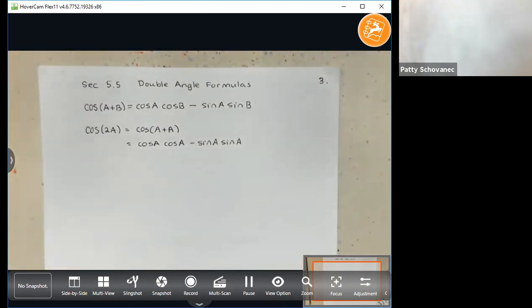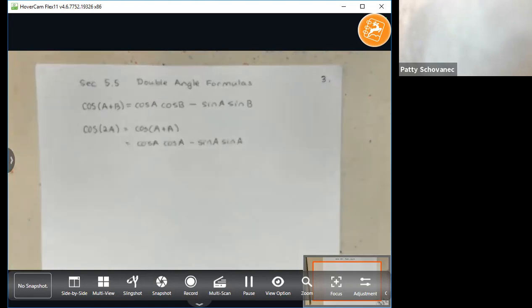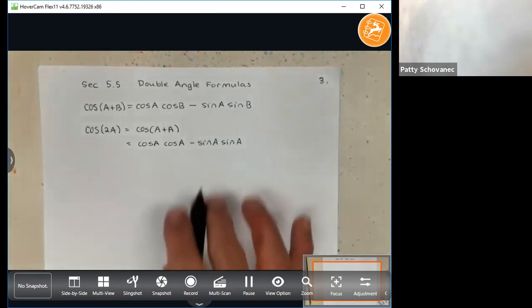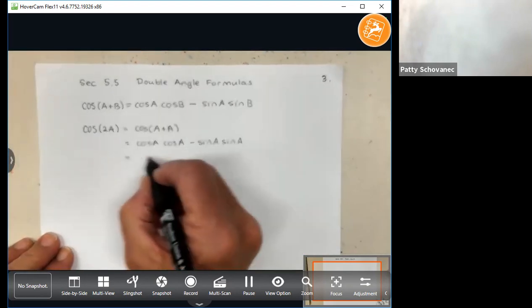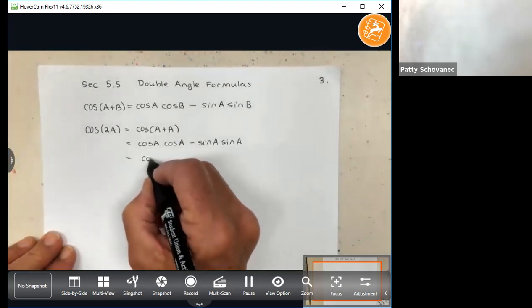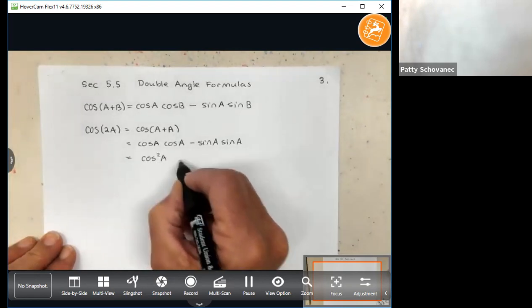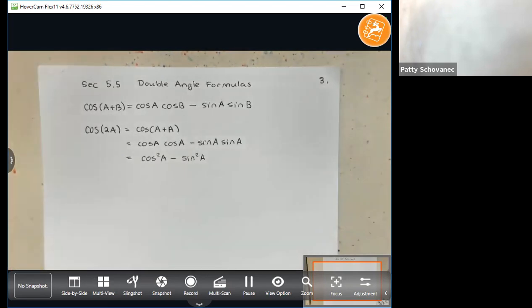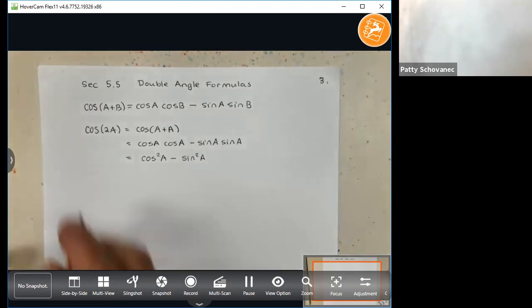When you multiply two cosines together of the same angle, you'll get a cosine squared of that angle. Same deal here, this will give us a sine squared. So the cosine of 2a will look like cosine squared of a minus sine squared of a. Let's hang on to that.